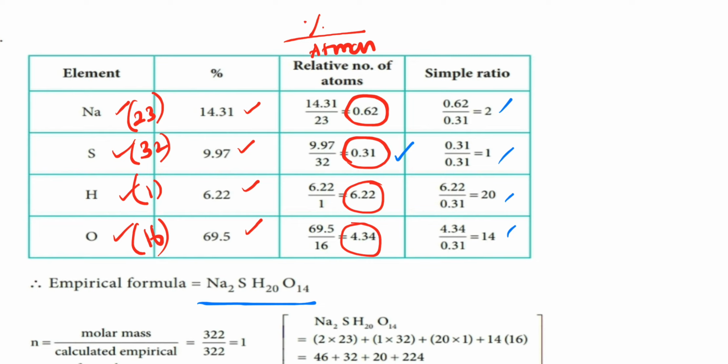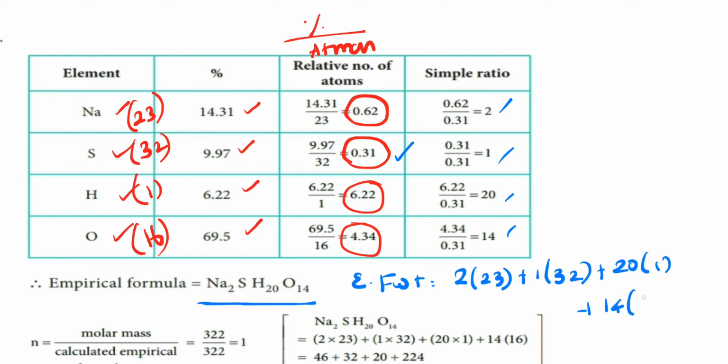So the empirical formula is Na2SH20O14. Then we calculated the empirical formula weight: 2 into 23 plus 1 into 32 plus 20 into 1 plus 14 into 16, which gives 322. That is the empirical formula weight.